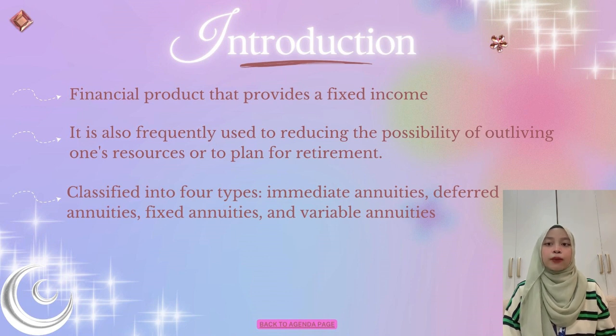Deferred income annuities start paying out when a client defines the age at which they want to start receiving payments. The third one is fixed annuities, which pay the client on a regular basis. If the client receives larger future payments from variable annuities, it indicates that the investments perform well.